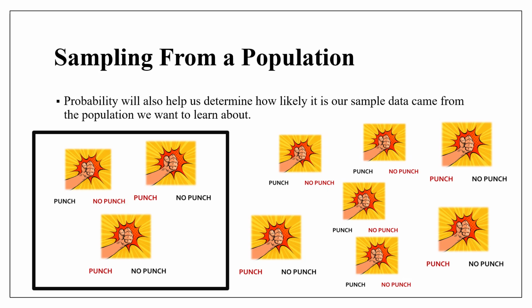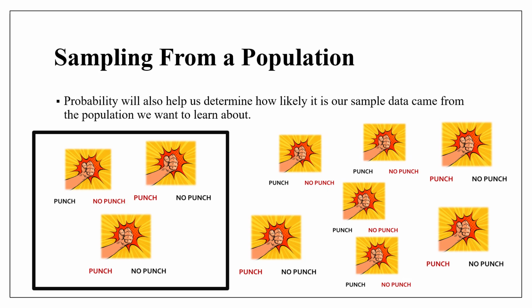So based on the people that I have here, I have 3 individuals. Out of those 3 individuals, 2 of them are going to punch, based again on the measurements we have here inside the square. If that is the case, we're going to have about 2 out of 3 people that are going to punch another person based on whatever it is that we are measuring.